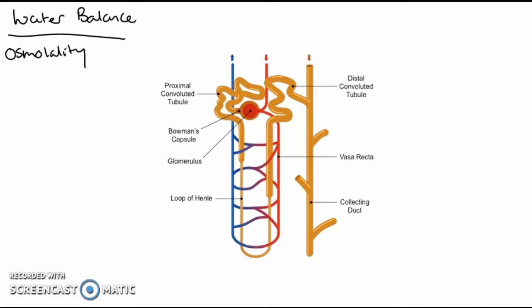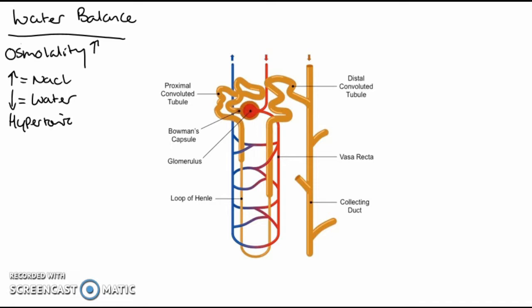So if osmolality is high, then it's got lots of things in it that are diluted. Now we're talking about the kidney, so the major thing we're going to be talking about is salt. So it'll have a high salt content, and therefore it is by definition got a low water content. We would call a fluid that has got these properties a hypertonic fluid.